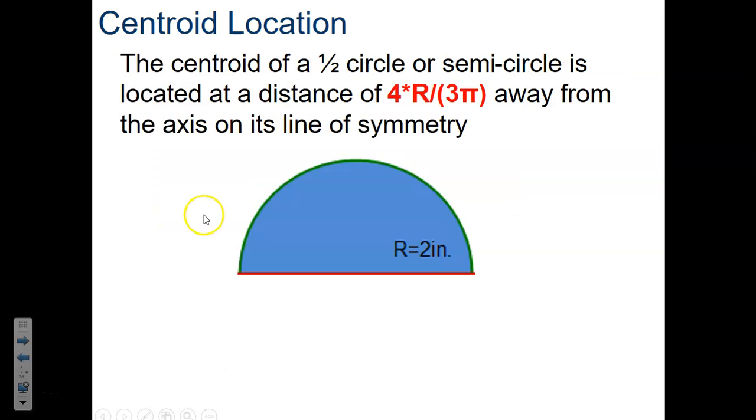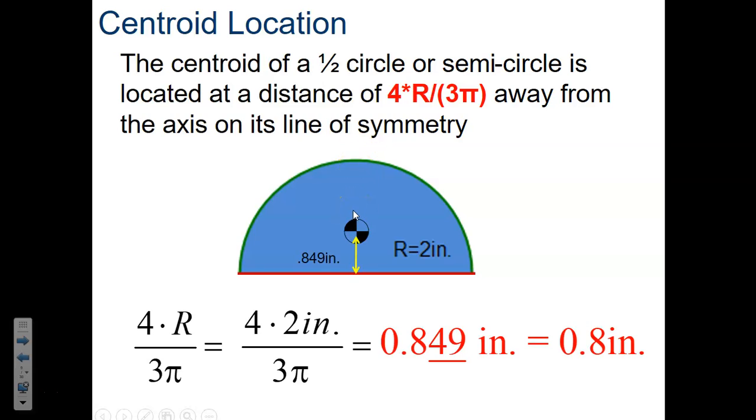Okay, so for a semicircle, you can draw one line of symmetry, and that would just be down like so. Halfway over would be the x centroid, because it's symmetrical. So in this case, the radius is 2 inches, not the diameter. So the x centroid would just be 2 inches because it's halfway across the whole thing, which would be 4 inches.